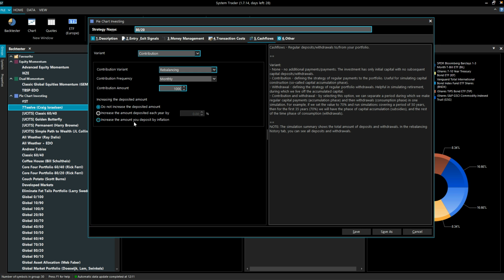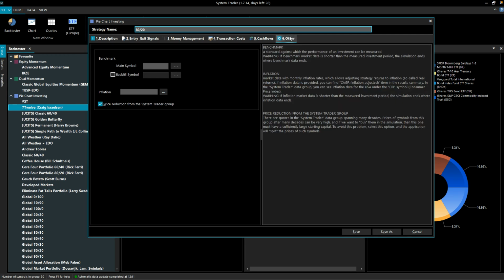Therefore, we want to increase the amount we contribute to our portfolio by inflation, which means that over the years, our contribution will be, in value terms, at the same level, $1,000.